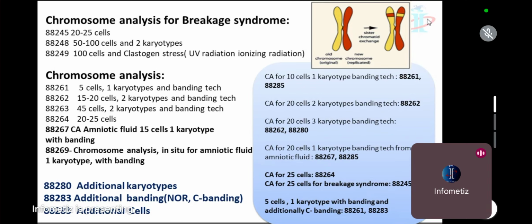So now what is the difference between these three codes? 88245 is a study on only 20 to 25 cells. 248 is a study on 50 to 100 cells, with a count of 20 cells, 2 karyotypes. Karyotype, the complete set of chromosomes.